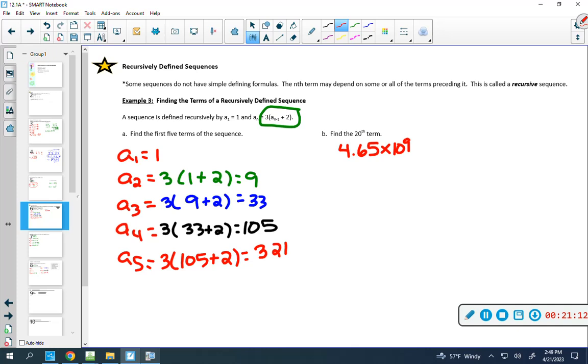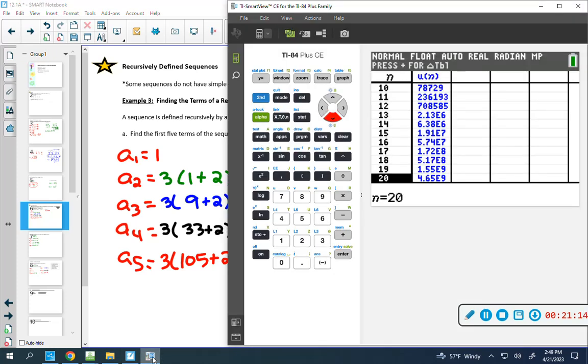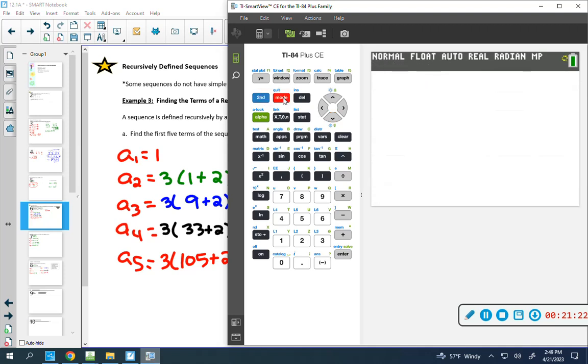Or, for the love of math, if I want that a little more exact, because unfortunately you just have so much width, there's so much room on that column for the numbers, I'm going to quit out of this. If I actually type in U of 20, so I'm going to do second 7, I'm going to actually pull up the right U here of 20.